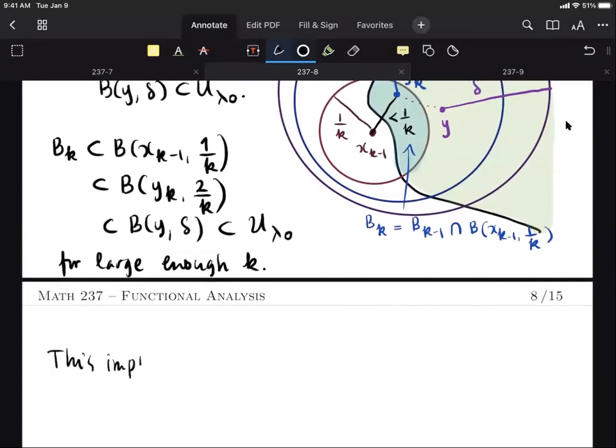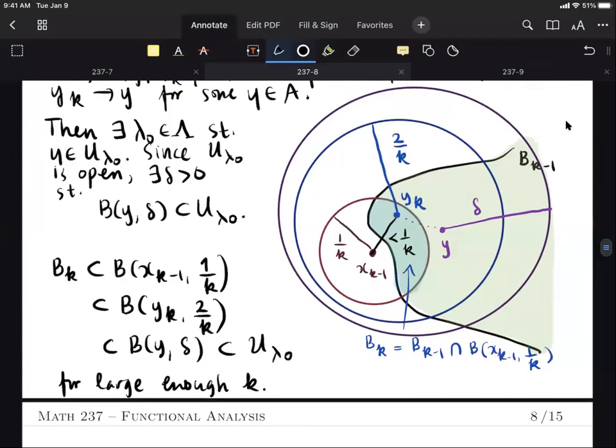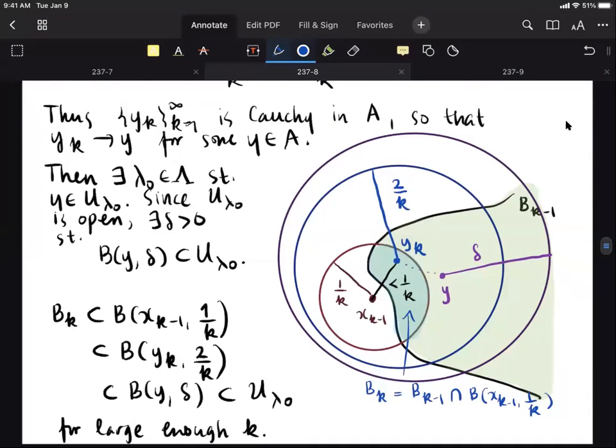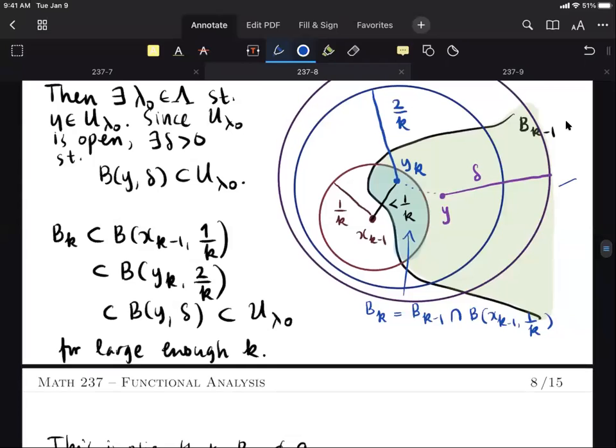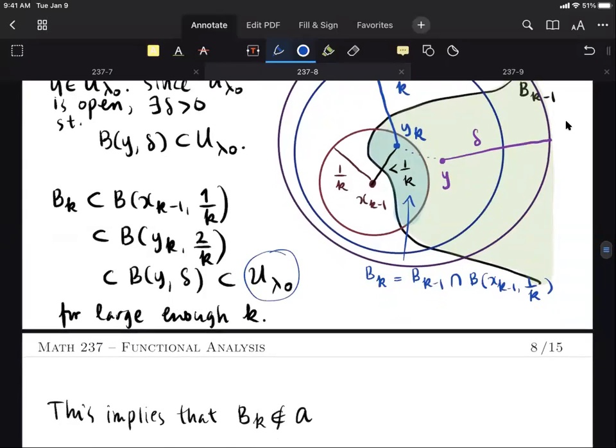This implies that b sub k is not in A. Why? Because we have covered this b sub k, this region here, by a single ball, this one, with radius delta, and that ball is contained in some set in your covering script u.